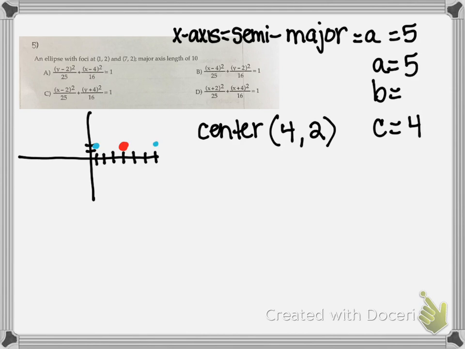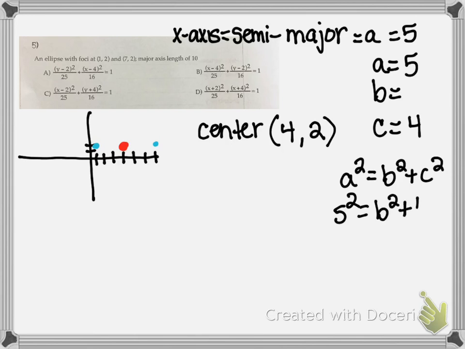So what we really need to find is my B value. And remember, we know that A squared equals B squared plus C squared. So this is going to be 5 squared equals B squared plus 4 squared. So 5 squared is 25 minus 4 squared is going to give me 9. So the square root of 9, so my B is going to be 3.